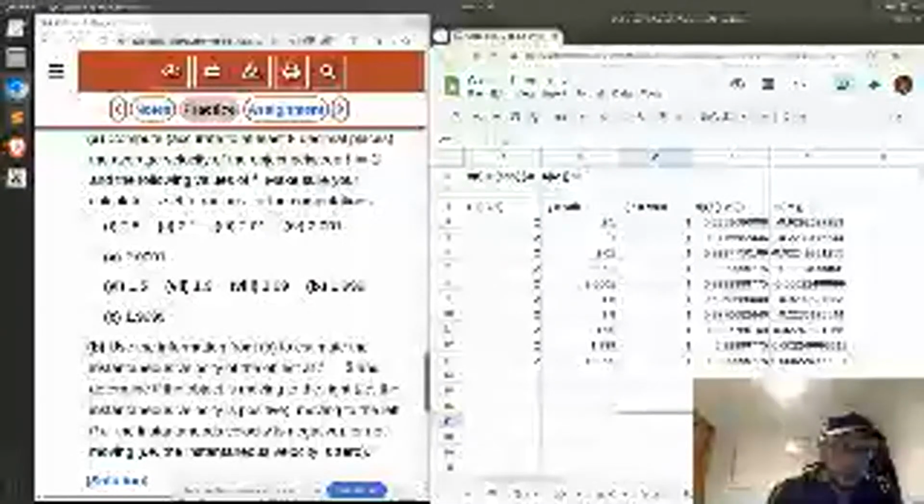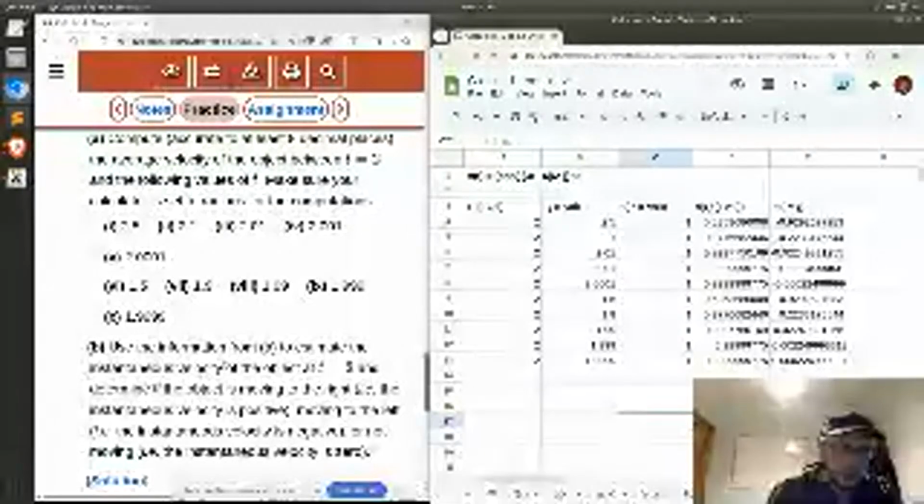But let's see. Use the information from A to estimate the instantaneous velocity of the object at t equals 2 and determine if the object is moving to the right or moving to the left or not moving.